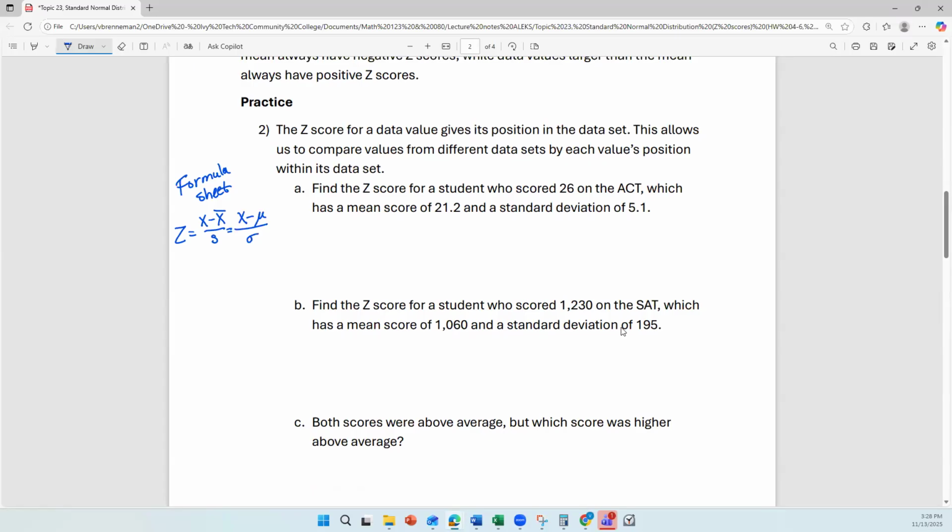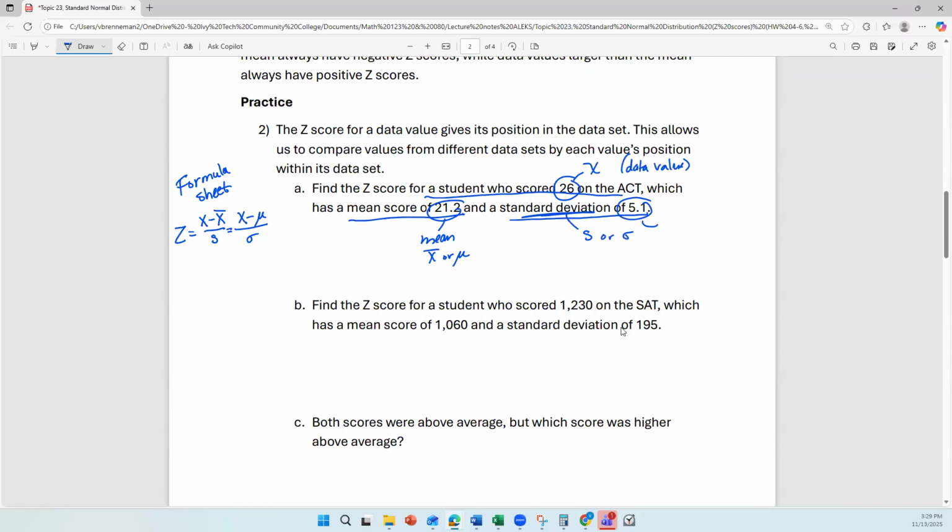So how we use that: if I'm finding the z-score for a student who scored 26 on the ACT, the student who scored 26, that's x. That's my data value, which has a mean score of 21.2. So this is my mean, x bar or mu, and standard deviation of 5.1. So that's my standard deviation, the s or sigma.